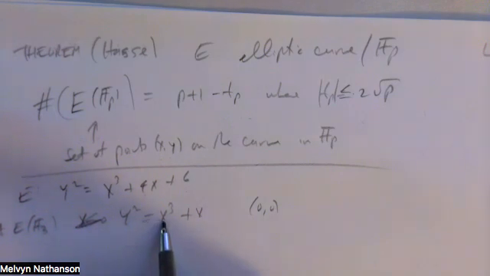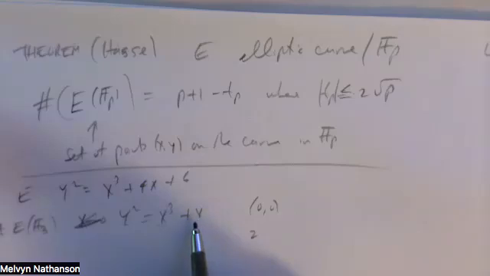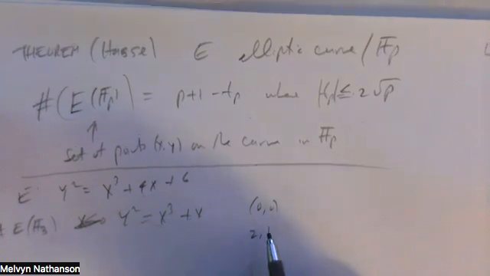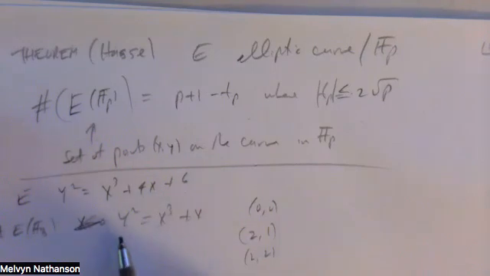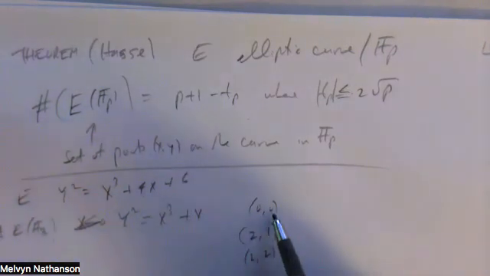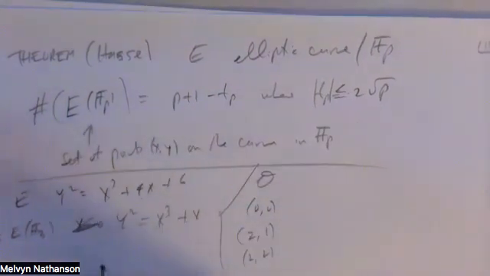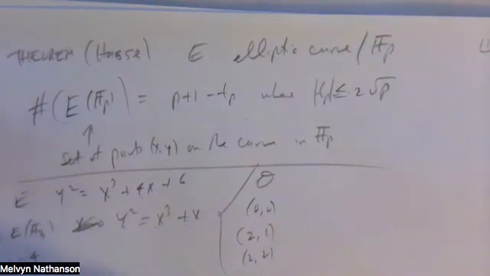When x is 2, I get 8 plus 2 is 10. 10 is the same as 1, and 1 is a square. It's either 1 squared or 2 squared. So on this curve, mod 3, we have these 3 points together with the point at infinity. So the number of points in F_3 is equal to 4.